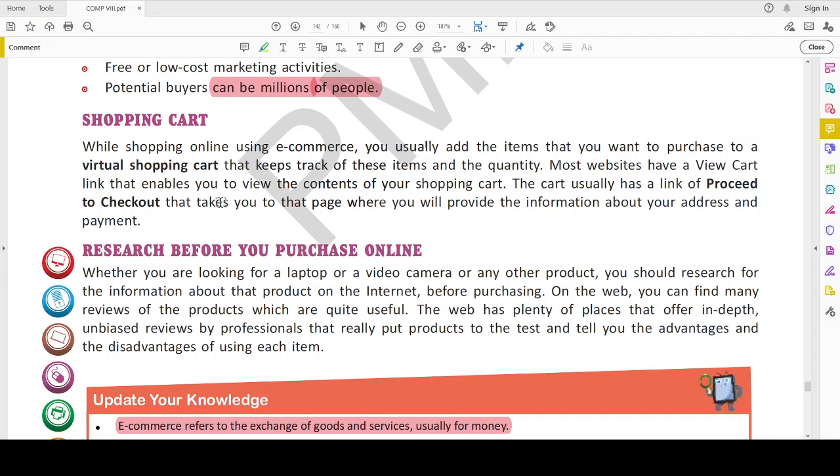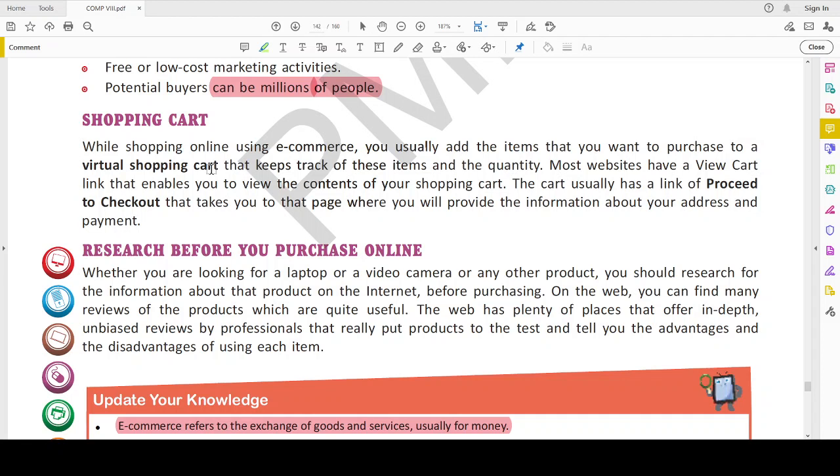Whatever the bill is, the payment will be made by the bank on behalf of you, and the items will be delivered to your doorstep. So that is a shopping cart. It shows the items that you are going to purchase or you have already purchased. Okay, it's a virtual cart.